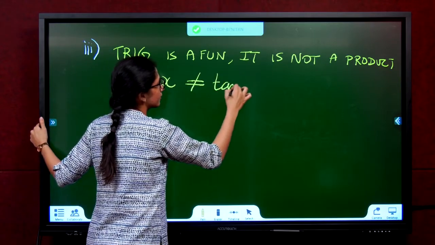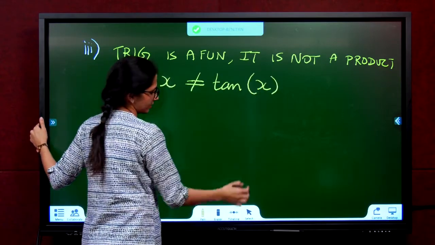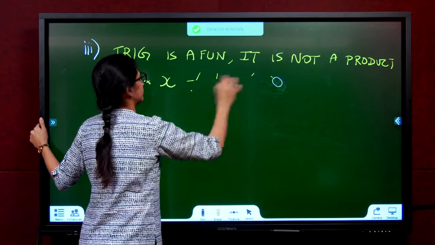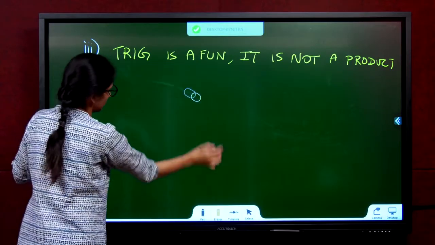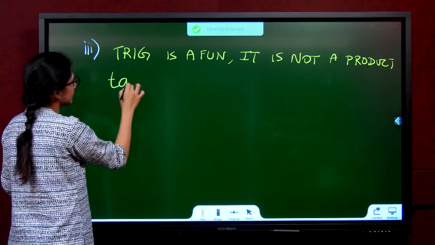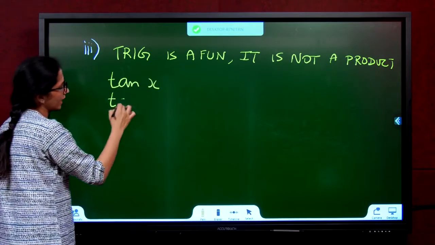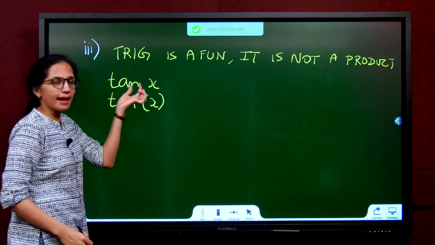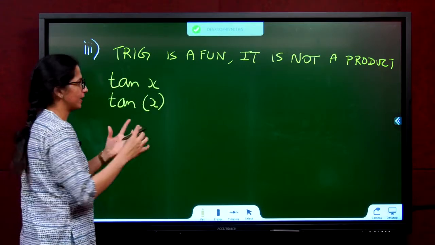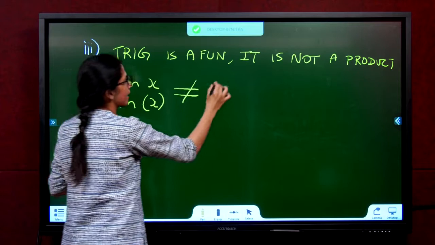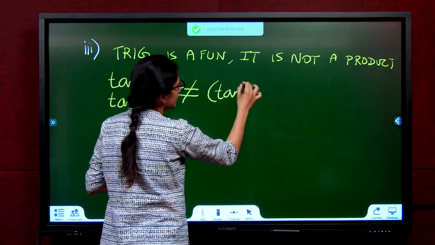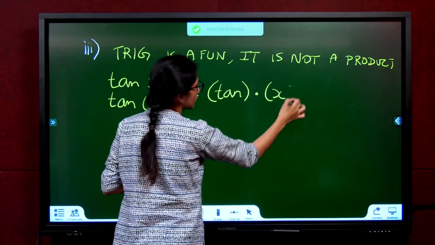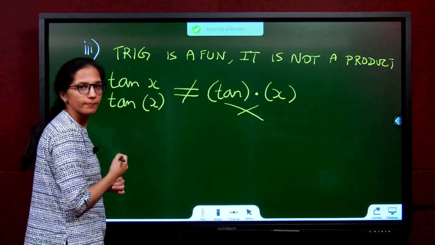I mean to say, tan x or tan of x means you are putting the angle inside tan and some process is happening. This is not the same as tan into x. No, this has no meaning.